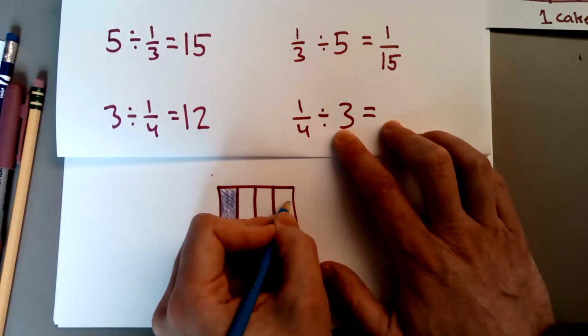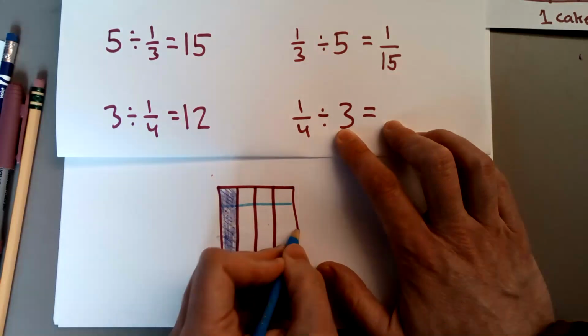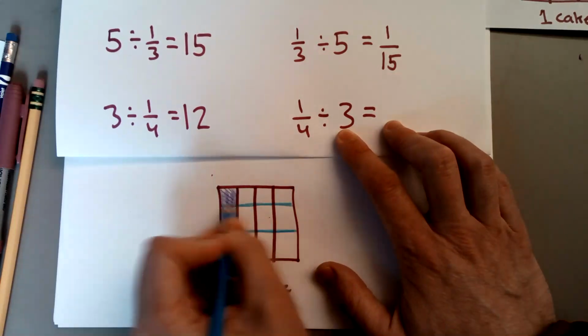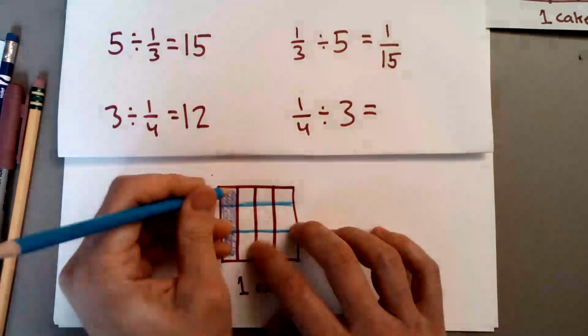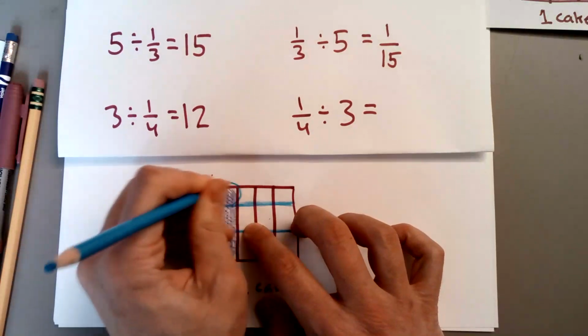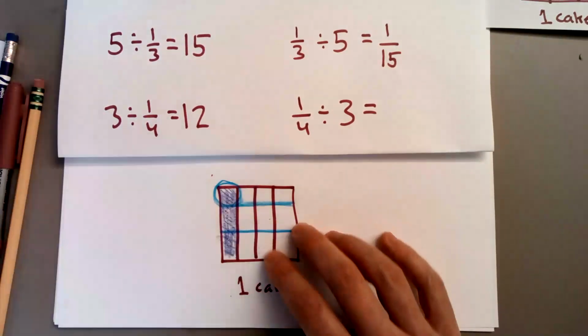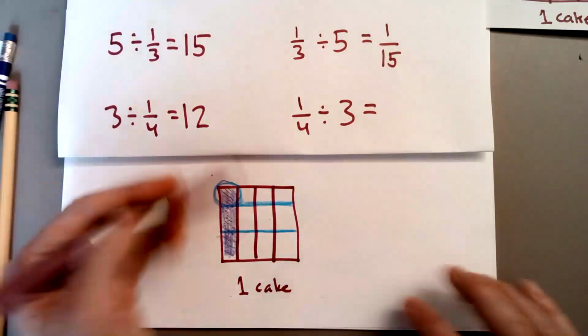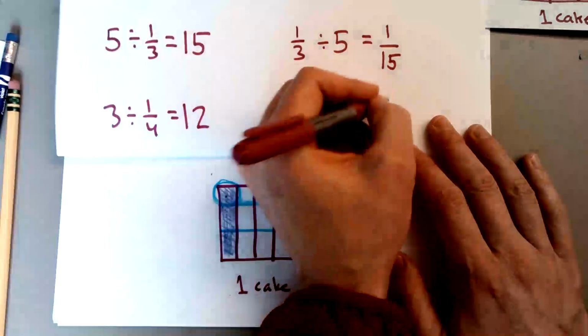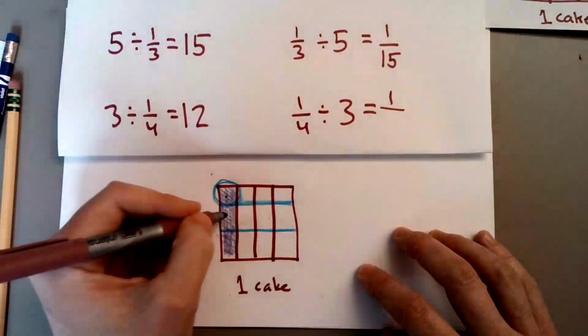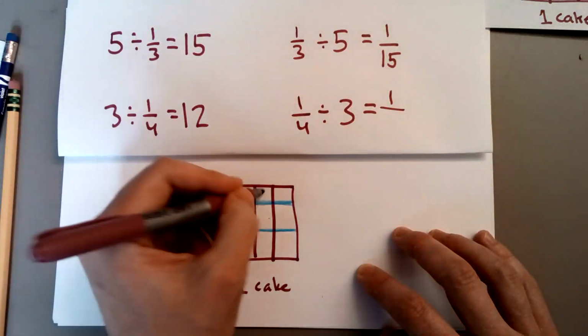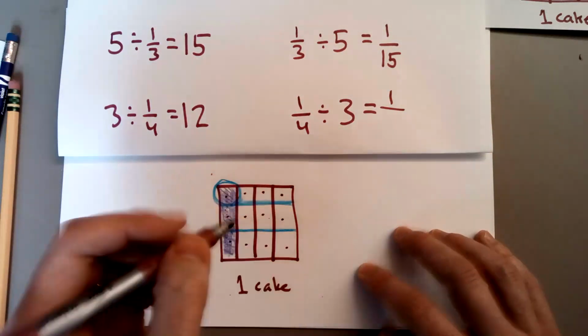This time I'm just going to make these row lines all the way across. And then if one person gets that much of the cake, how much is that? Well, that's 1 piece out of 1, 2, 3, 4, 5, 6, 7, 8, 9, 10, 11, 12.